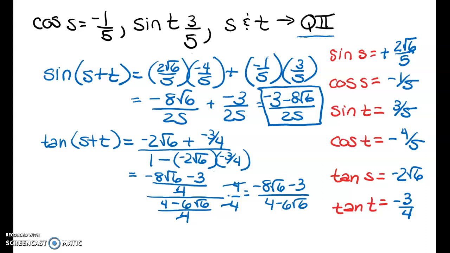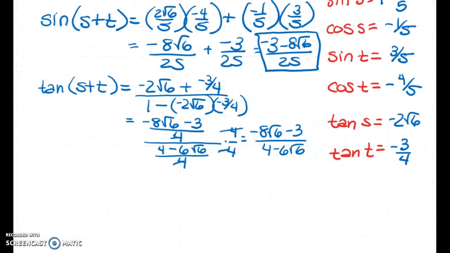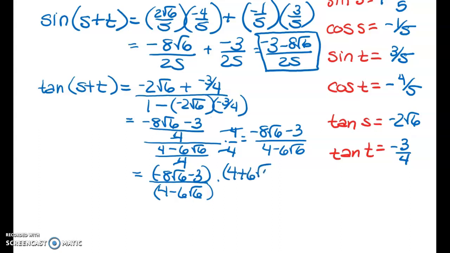We can't leave it that way because we're not allowed to have radicals in our denominator. So let's go ahead and rationalize. So I'm going to have negative 8 radical 6 minus 3 over 4 minus 6 radical 6. I'm going to multiply that by 4 plus 6 radical 6.